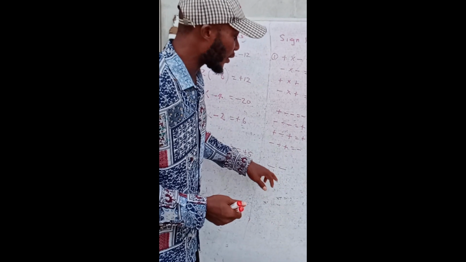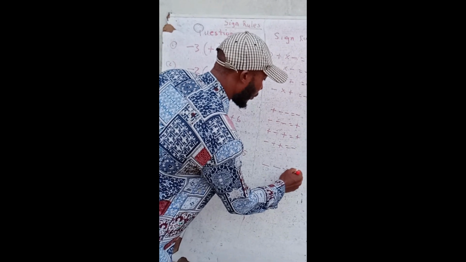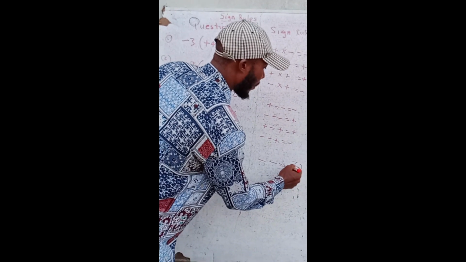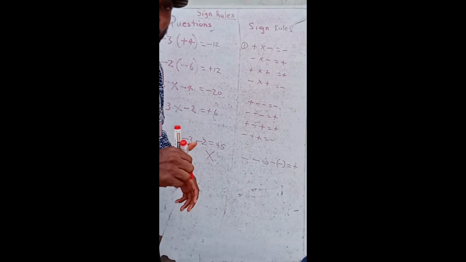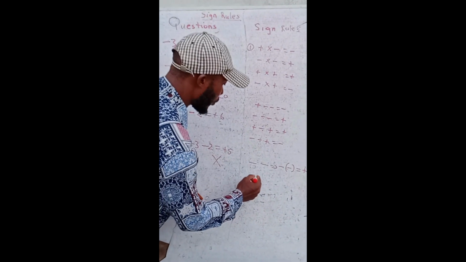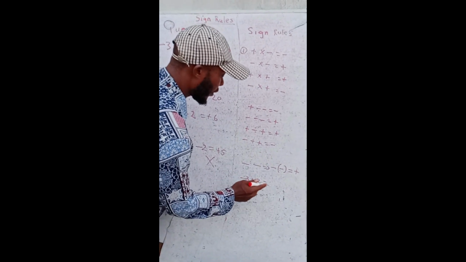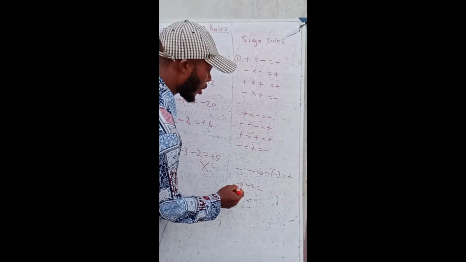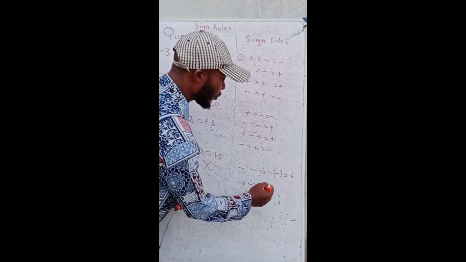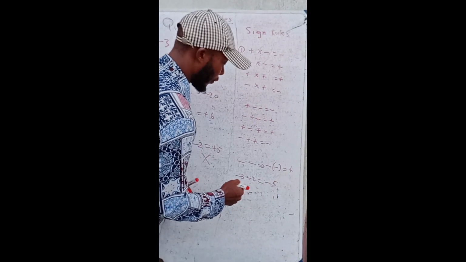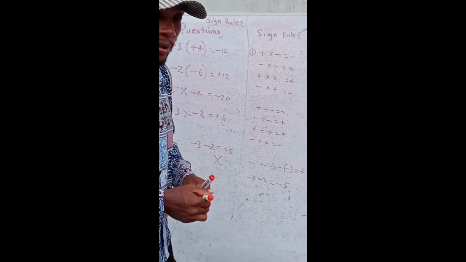Minus times minus is plus, and that is different from minus 3 minus 2. Minus 3 minus 2, you owe 3, you owe 2. When the signs are the same, you write one of the signs and add the two numbers, which is 5. So it is different from this.